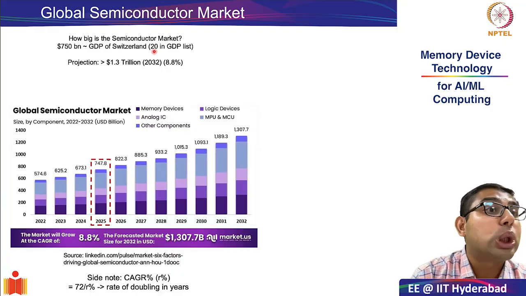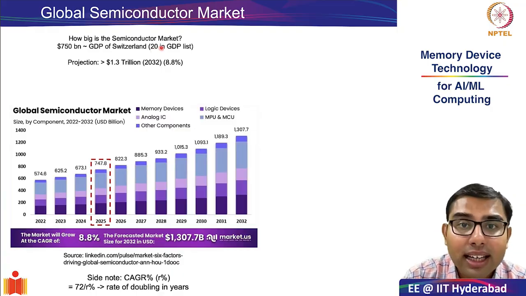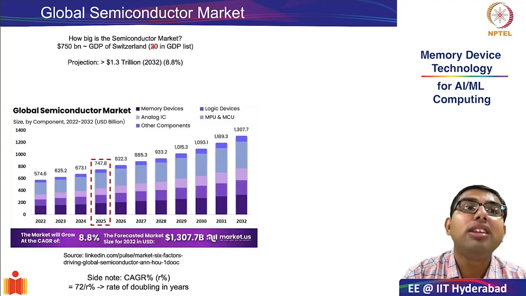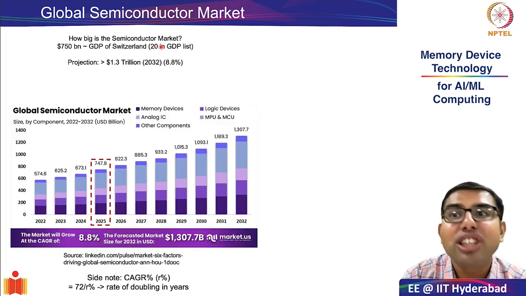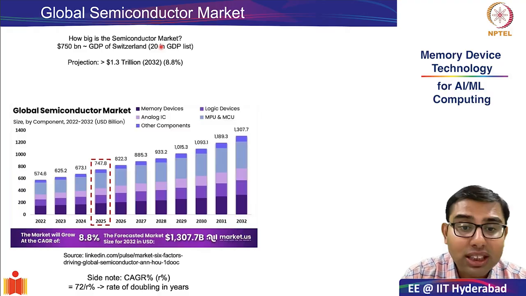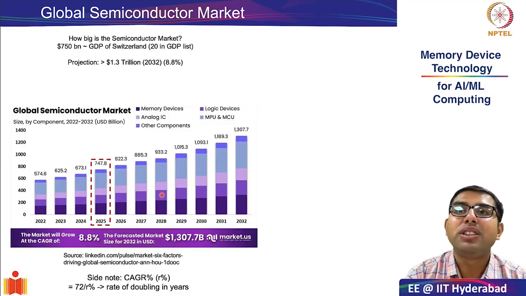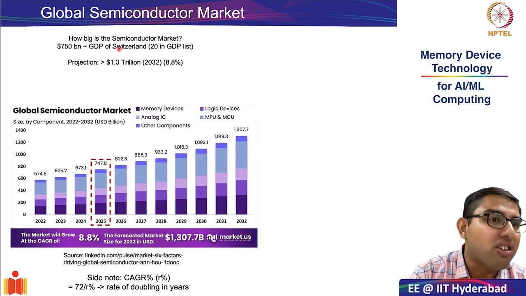When I was teaching this course 3 years back, it was 24th in the GDP list. Just in a short time, it has now reached 21st. Why is this happening? Because the rate of semiconductor manufacturing growth is much higher compared to big European countries.